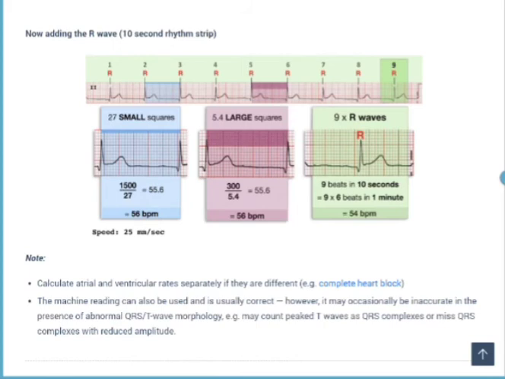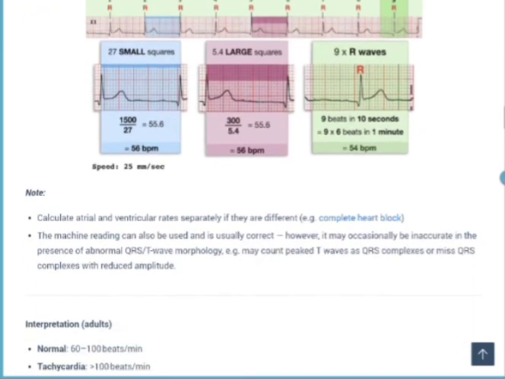To get 1 minute, we have to multiply 10 seconds by 6, converting 10 seconds into 60 seconds. So we multiply the 9 beats by 6 as well, which gives approximately 54 beats per minute, right? So that is how things go.